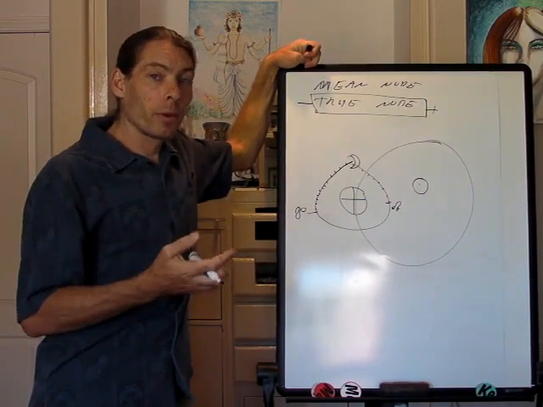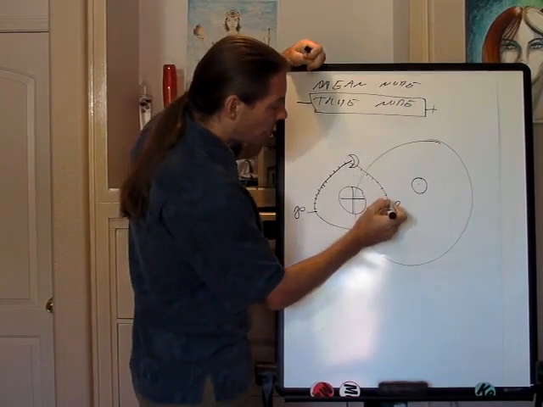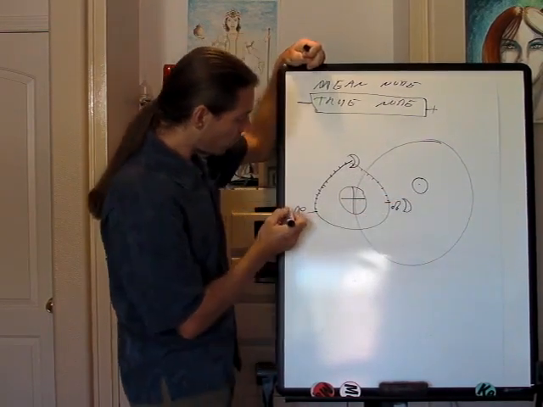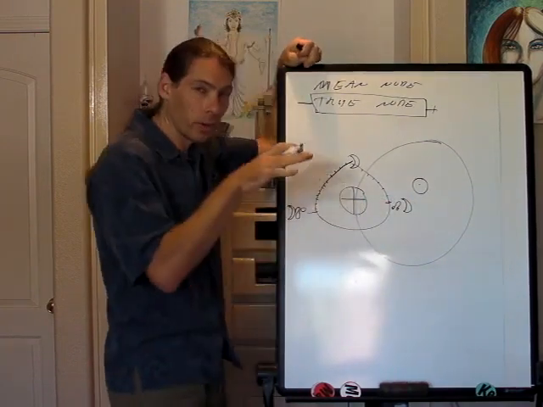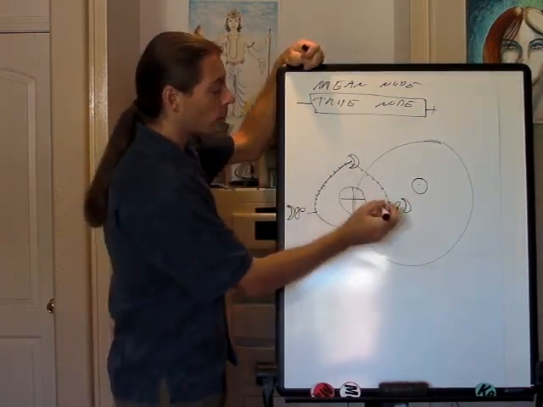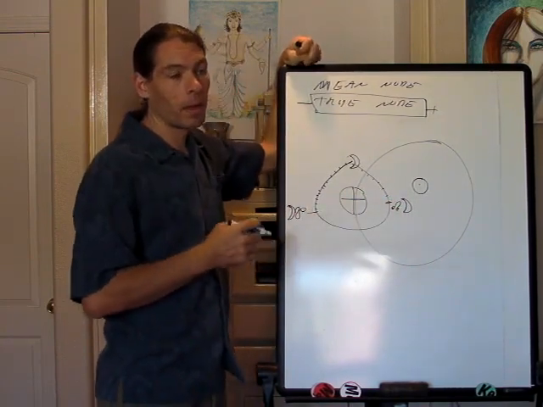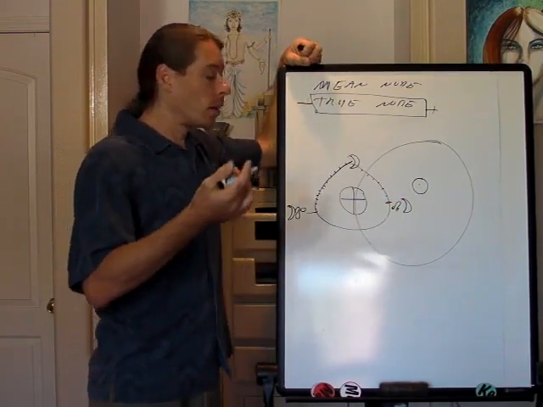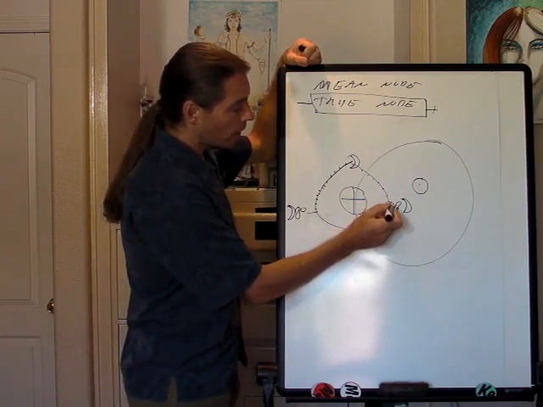The problem with mean node is that when the moon is exactly conjunct Rahu, or when the moon is exactly conjunct Ketu, the moon's latitude will not necessarily be 0 at that moment. But by definition, the node occurs when the moon intersects the plane of the ecliptic.